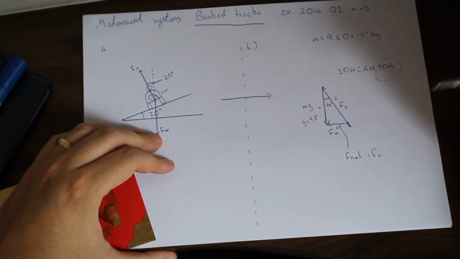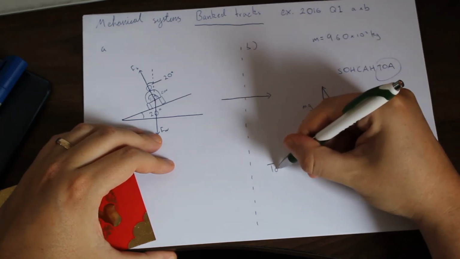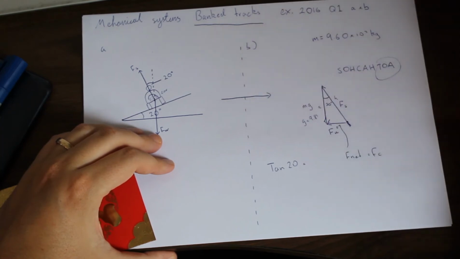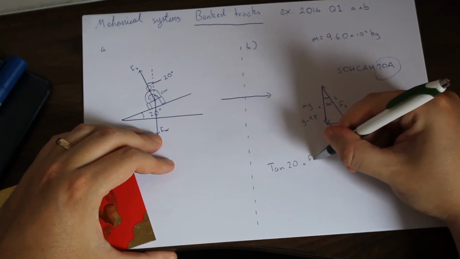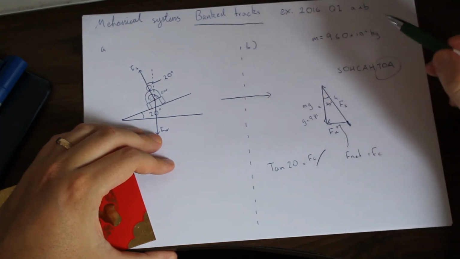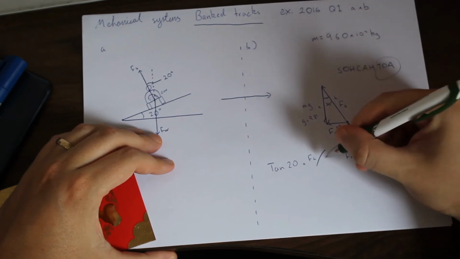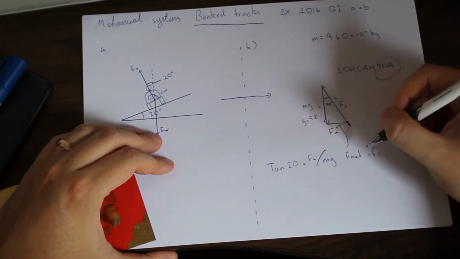Okay. So I'm going to rewrite these equations. So I'm going to say tan angle. Okay. Tan theta, or tan 20 degrees, okay, is going to equal my opposite, Fc, over my adjacent, which is mass times gravity, which is this number here times 9.81.